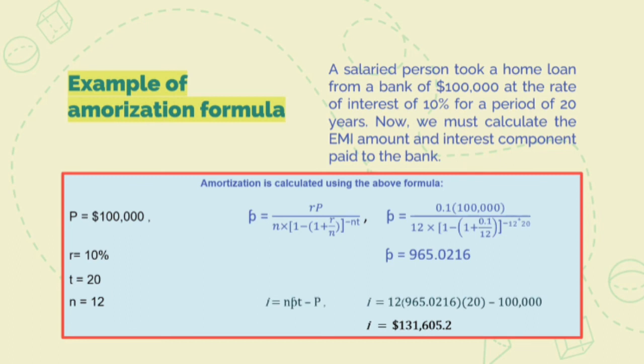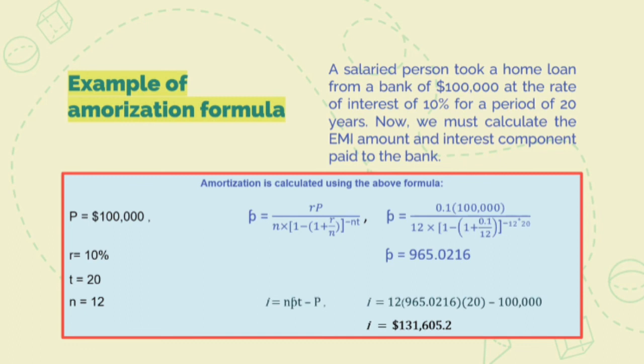Using the formula to calculate the EMI amount, first we convert 10% to 0.1. EMI amount equals 0.1 times 100,000. We solve 1 plus 0.1 divided by 12.